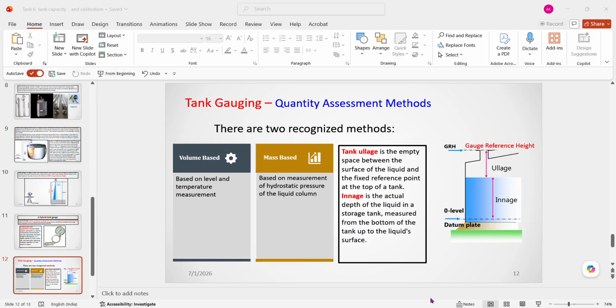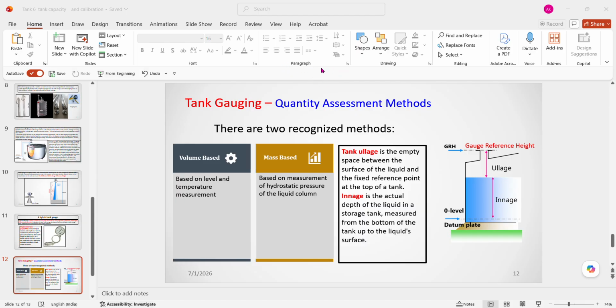And what is GRH? GRH means the gauge reference height. This is the maximum where this radar is mounted, and this is the bottom. Within this range, this radar will give you the level. Radar will give you the signal, and you come to know what the level of the tank is. This is the radar.